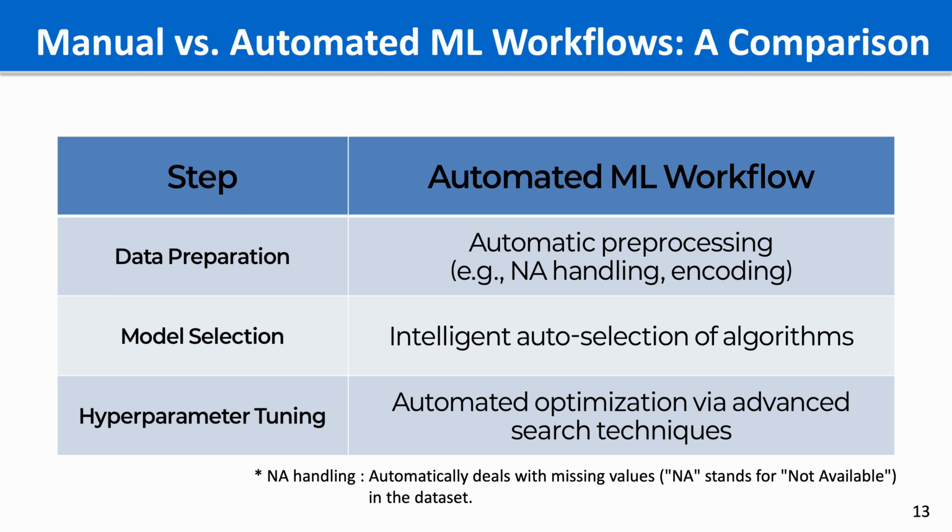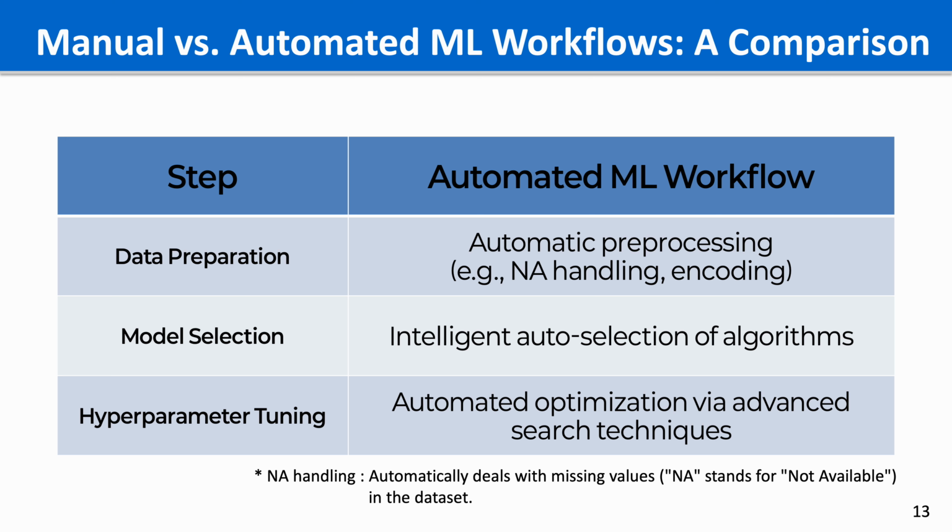Take a moment to look at this condensed table. I want you to notice how AutoML steps in at the three costliest points in a traditional workflow. First, during data preparation, the automated pipeline now handles missing values, scaling, encoding, even basic feature engineering, all with a single line of code.